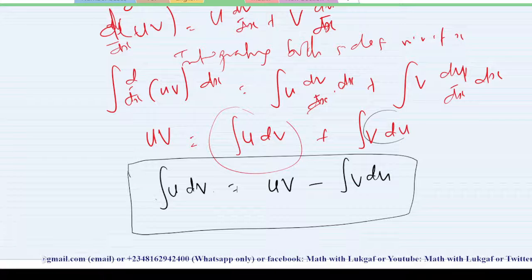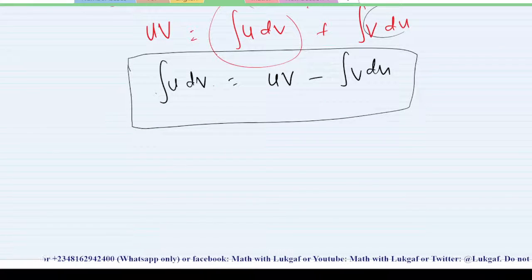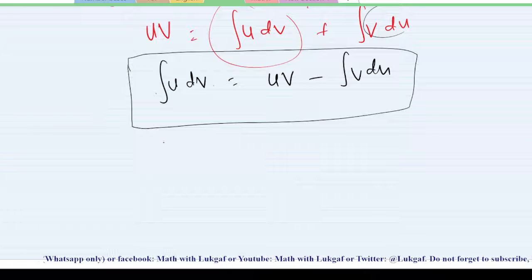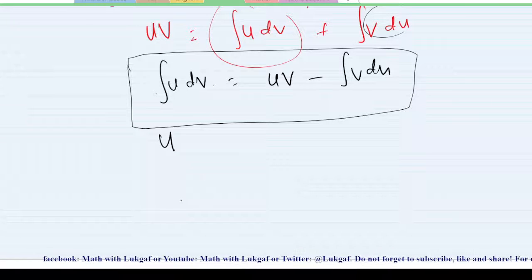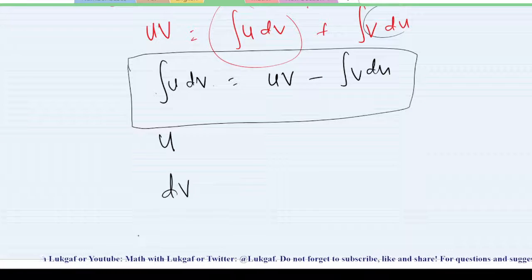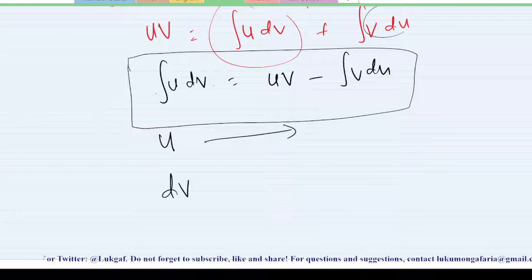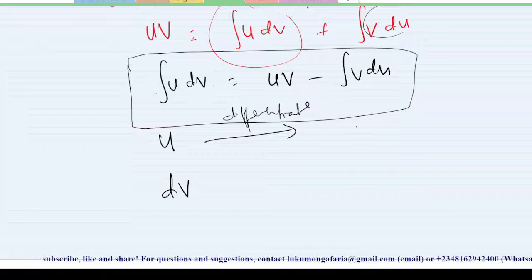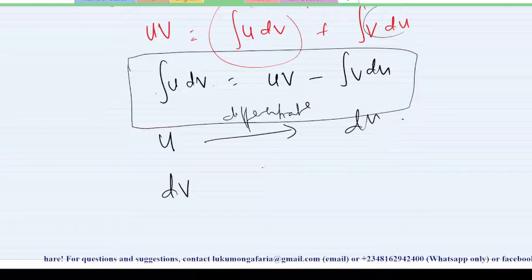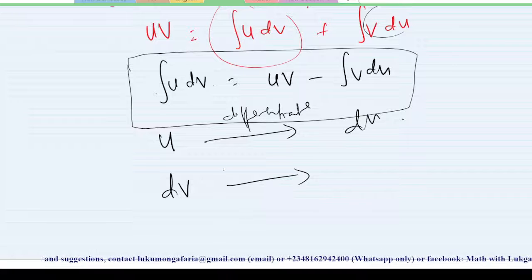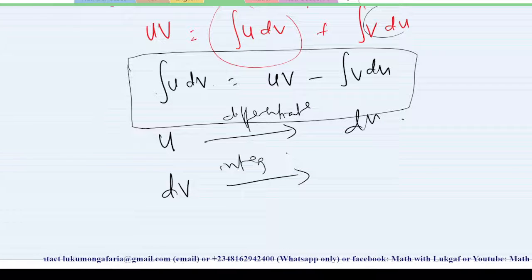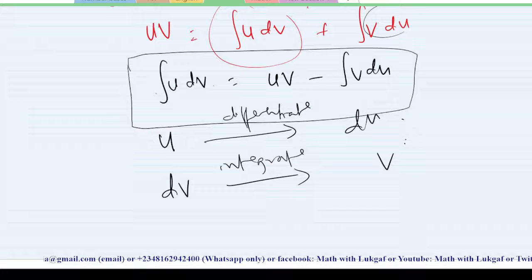The explanation of this is that if you have two functions in the integral, you are going to make one your u and the other your v. The one you make your u, you are going to differentiate it to have du. The one you take for your dv, you are going to integrate it to have your v.